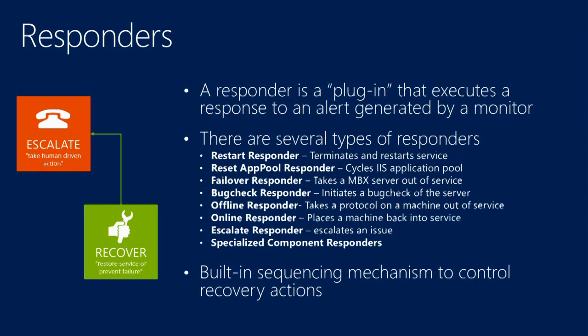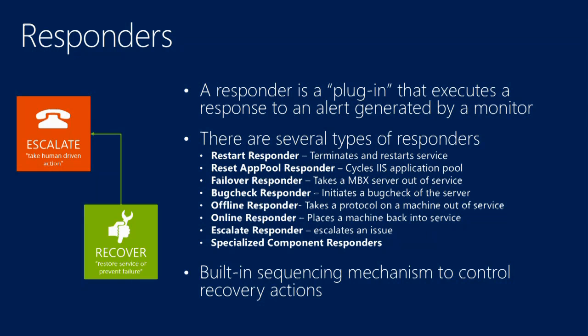And not as frequently, but every once in a while, you may see what we call our bug check responder being invoked as well. This is when the problem detected by managed availability is so bad that the way in which we've programmed managed availability to recover is to forcibly reboot or bug check that box. Basically, we terminate the wininit.exe process that causes the blue screen and triggers a server failover. And perhaps when the server comes back after that reboot, life is good.